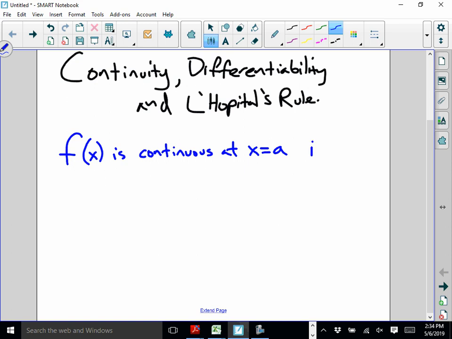Number one, for a function to be continuous, the limit must exist. So the limit at that point, a. So number one, the limit as x goes to a of f of x must exist.